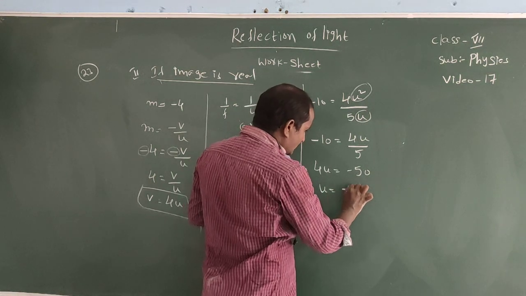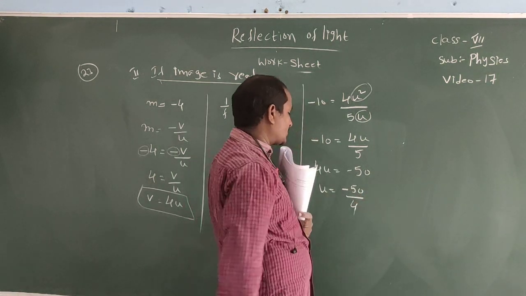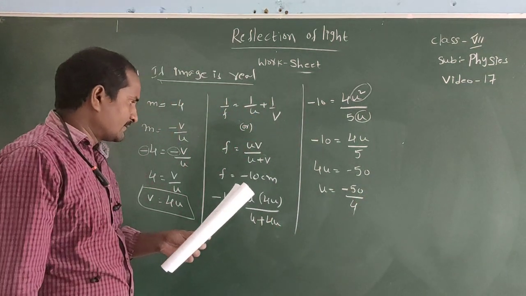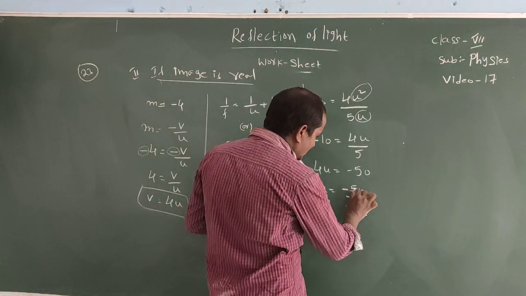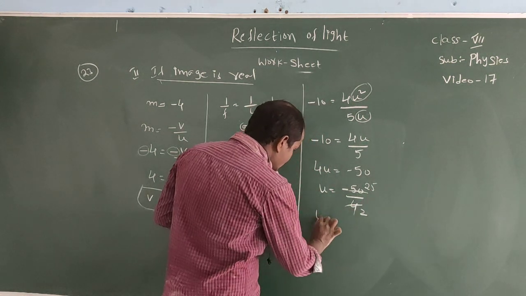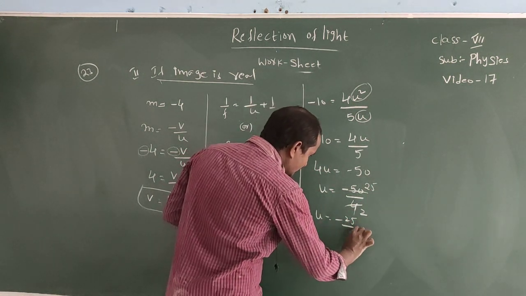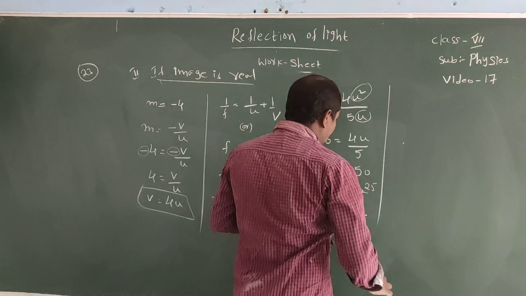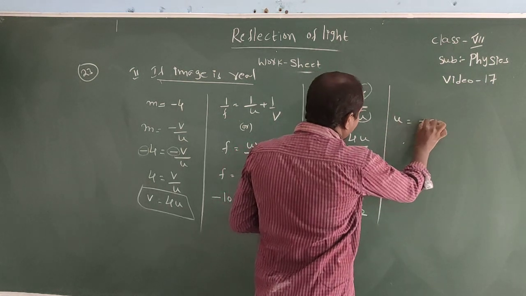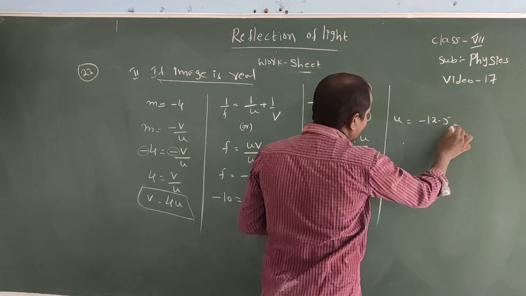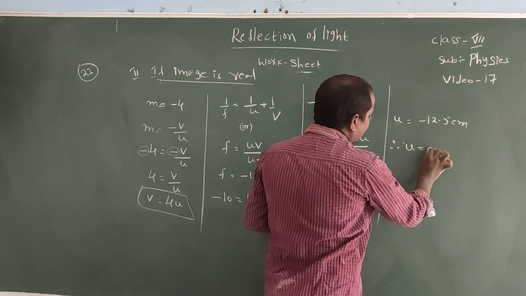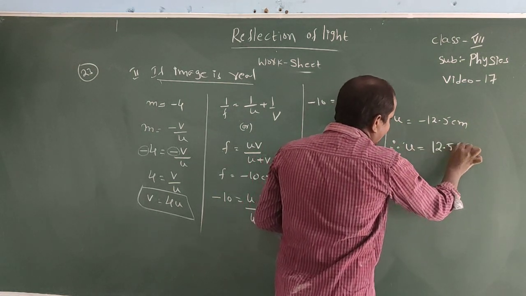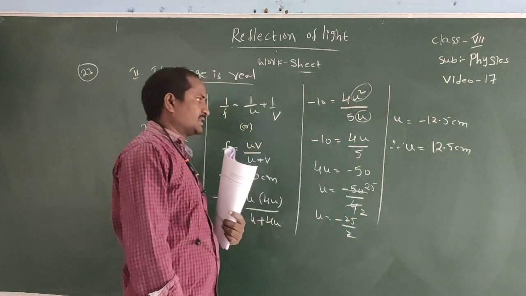U equals minus 50 by 4, that is minus 25 by 2. Therefore, u equals minus 12.5 centimeters. Therefore, it is a concave mirror. We can write u equals 12.5 centimeters.